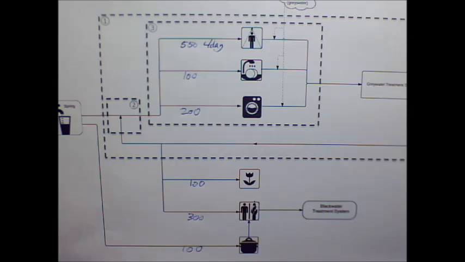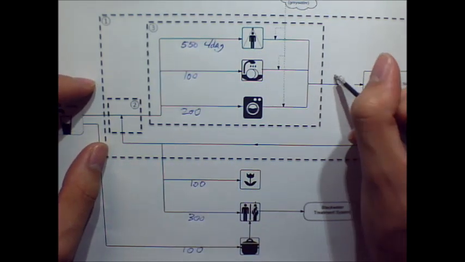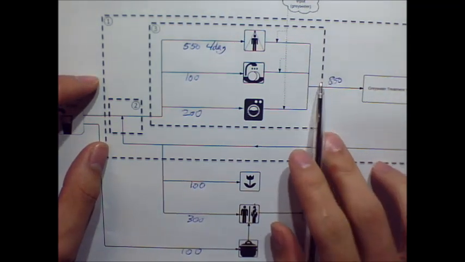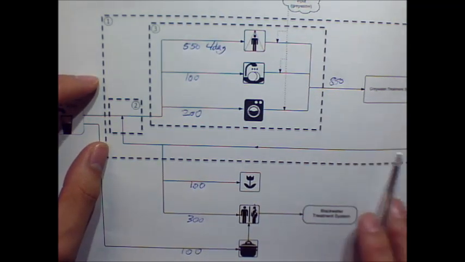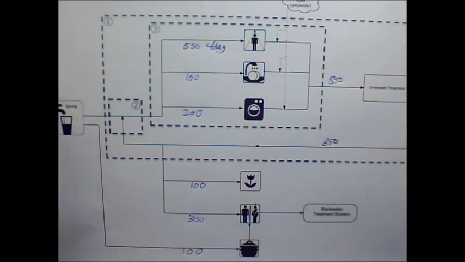You also can add up these streams, so these 3 streams combined will give us a total of 850 over here. As it's going straight through, coming in and going straight out, obviously this stream coming through here is also going to be 150 because it doesn't change.